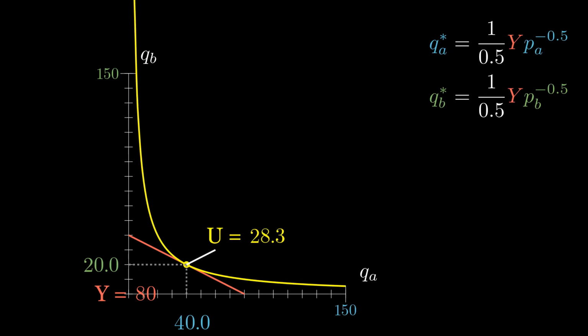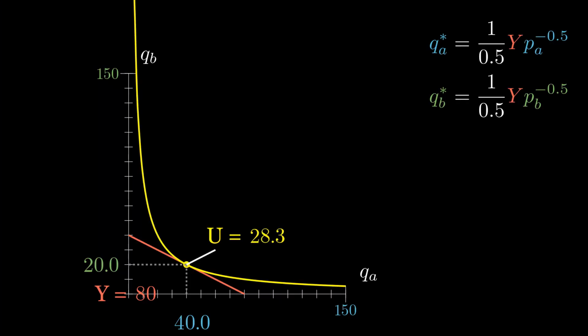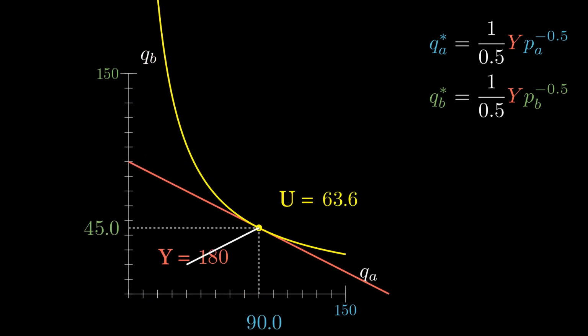This probably makes sense with our intuition that a lower income means we won't be able to reach the optimal bundle we previously were able to. And then when we increase income to 180, our optimal bundle again shifts out to 90 and 45. So again, with an increase in income, we're able to achieve a higher bundle and a higher indifference curve, probably again matching our intuition.